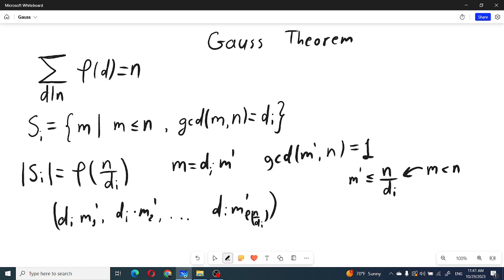So in total we must have phi of n over d_i numbers, and if we take d_i out of brackets, this set must be d_i times m1 prime, m2 prime, and so on up to phi of n over d_i numbers. So we have proved that the size of S_i must be equal to phi of n over d_i.